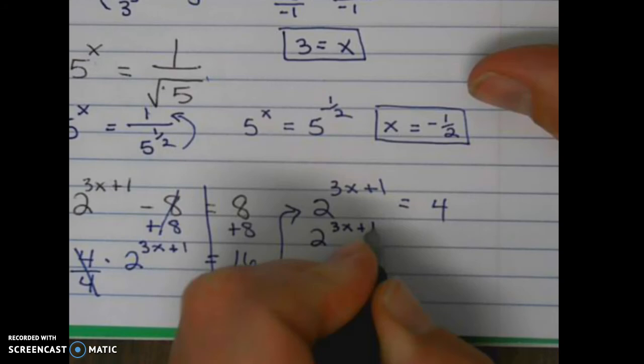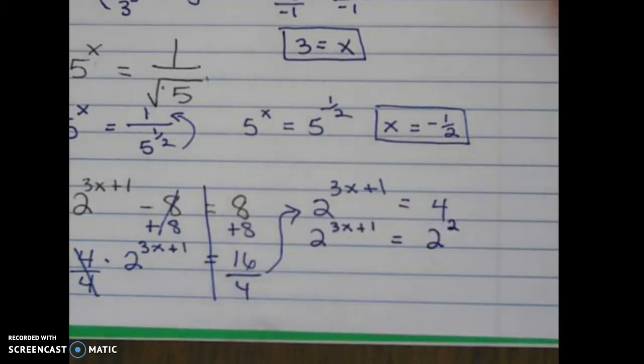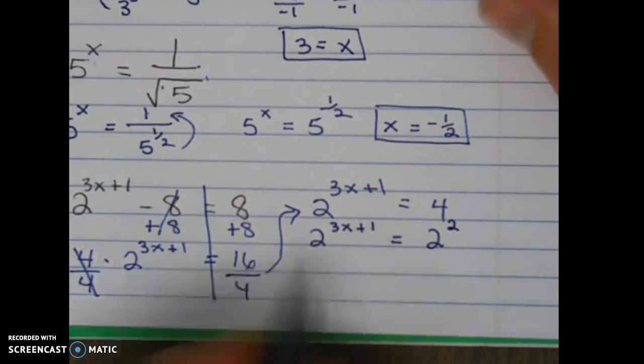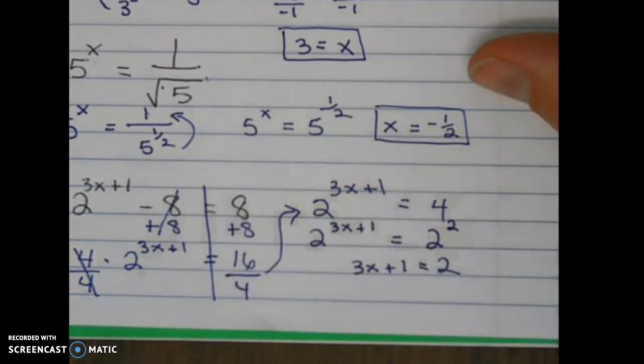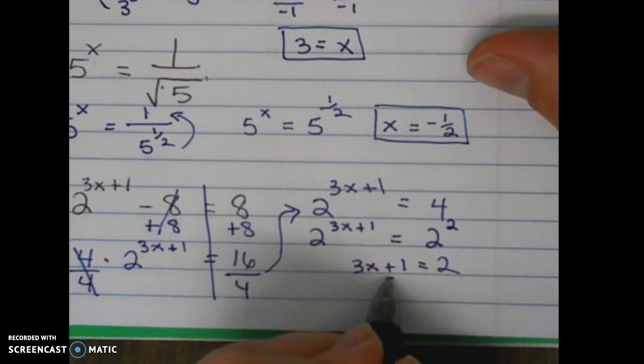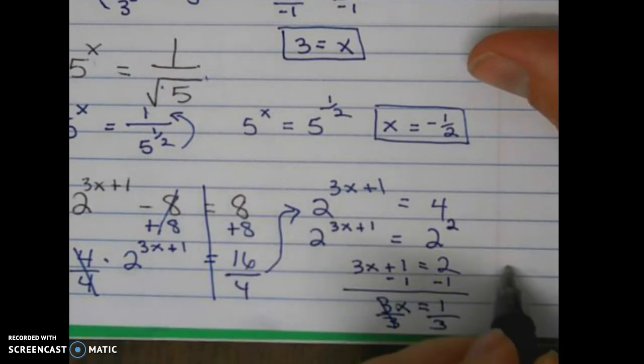So rewriting the problem, getting a common base, setting the exponents equal to each other, and then solving for x. So we have x equals 1/3.